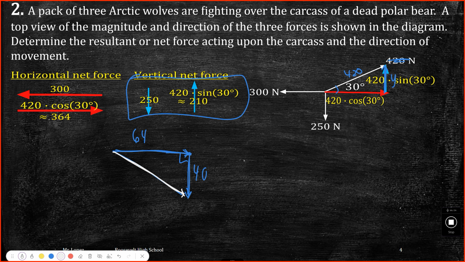A squared plus b squared equals c squared. What are you guys getting? The square root of 64 squared plus 40 squared. What is it?